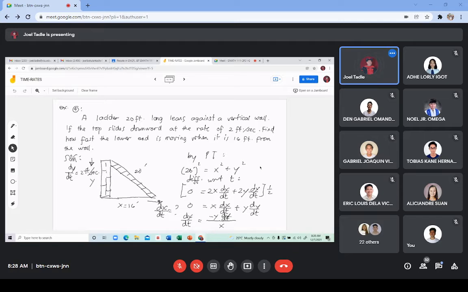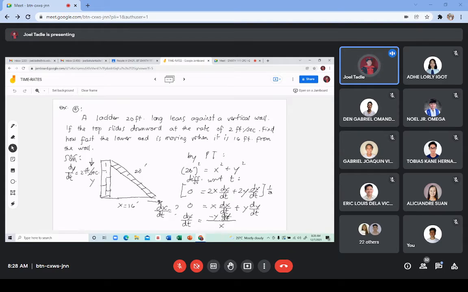So if we are going to differentiate this equation with respect to time t, the derivative of the constant 20 squared is 0. Then the derivative of x squared is 2x dx over dt plus the derivative of y squared with respect to time t is 2y dy over dt.